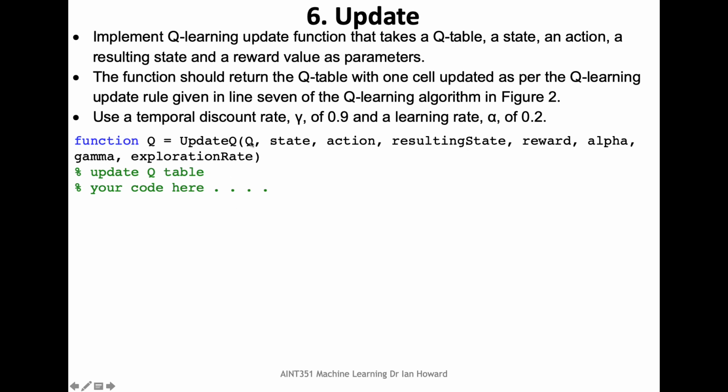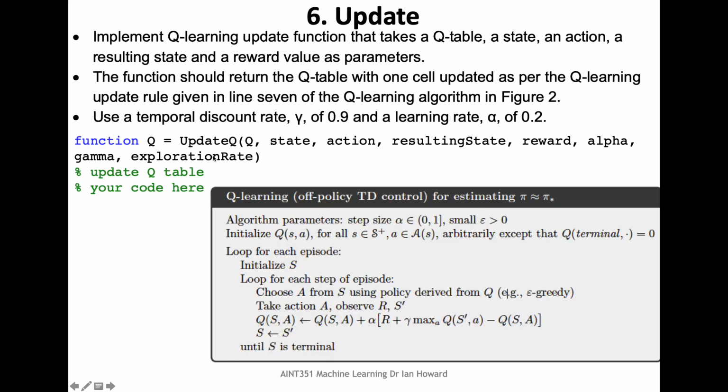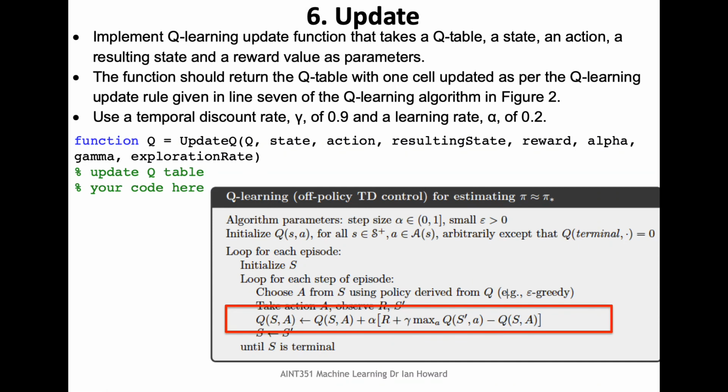Your update function, you give it the Q value, you give it the state and the action, and the resulting state S prime, give it the reward, give it the alpha, which is the learning rate, you give it the gamma, and you give it here also an exploration rate. And it's basically this line that has got to actually implement your update for Q, S and A, right? That's what we need to update.